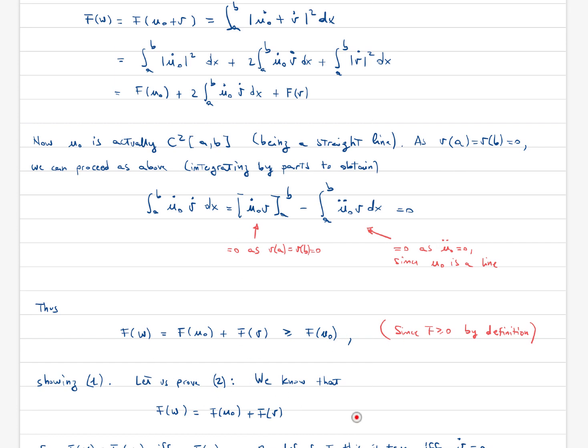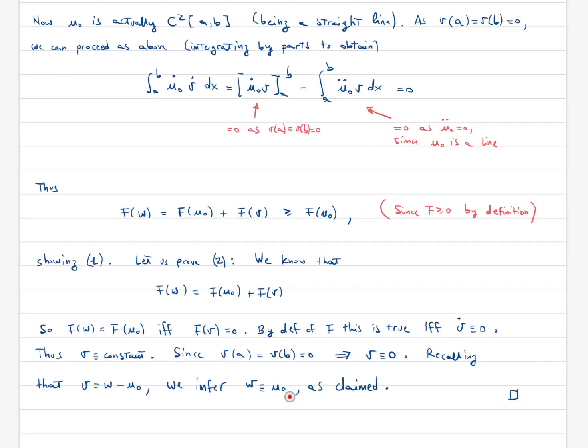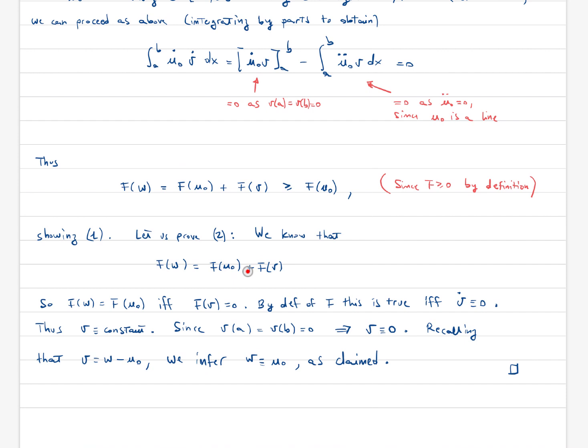And instead, to prove point 2, we already proved that F of w is equal to F of u0 plus F of v. So we have that F of w is equal to F of u0 if and only if this term is 0. And if you look at the definition, this is just the integral of v dot squared. So this is 0 if and only if v dot is constantly equal to 0, which means that v has to be constant.